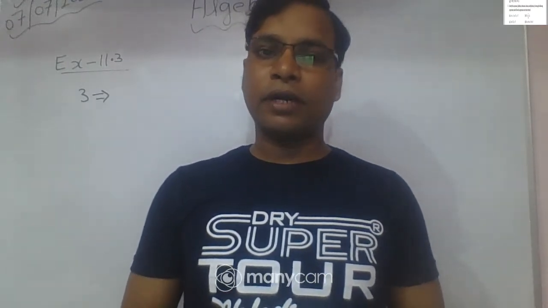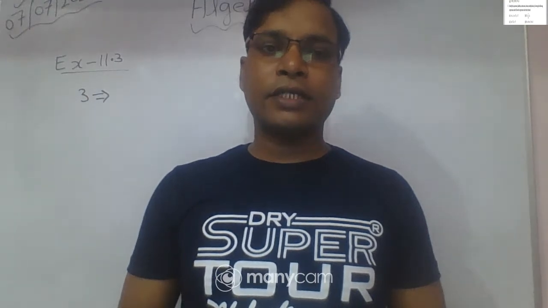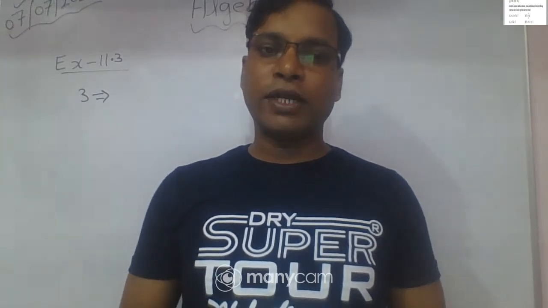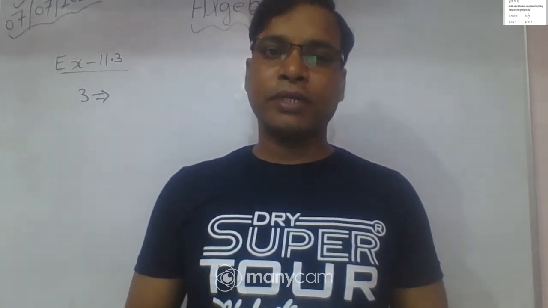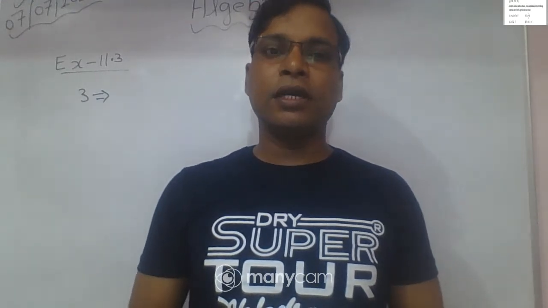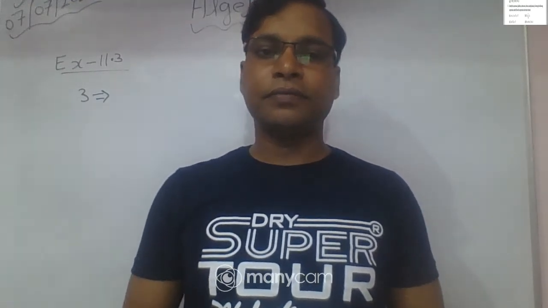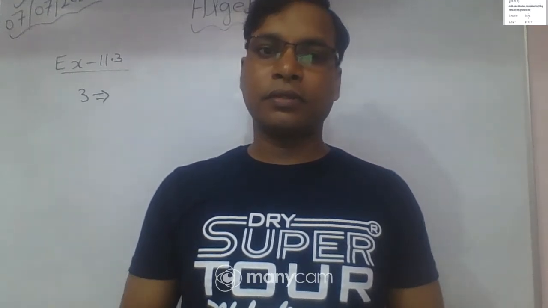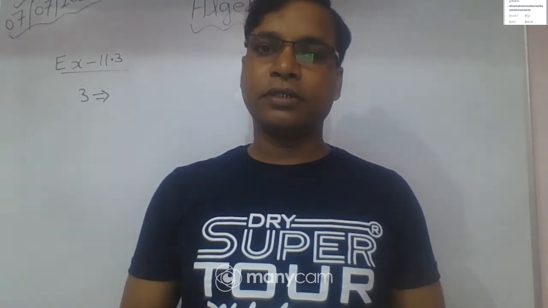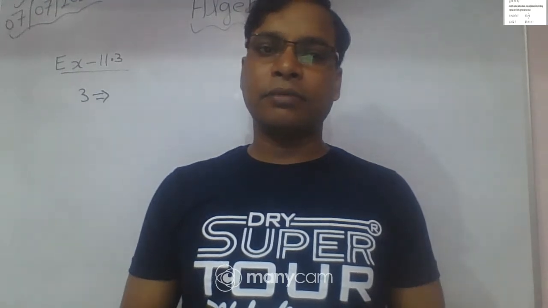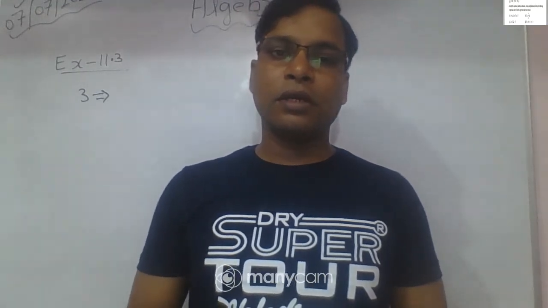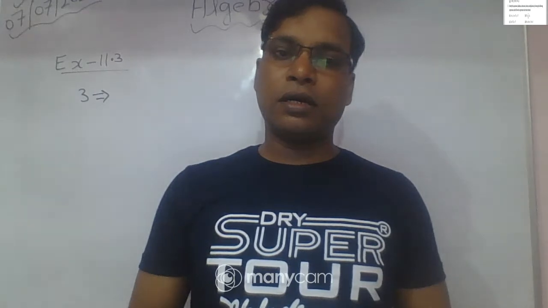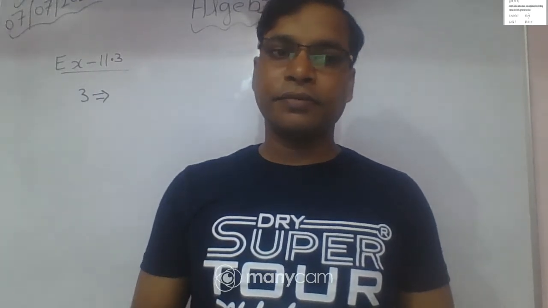Today we are going to discuss chapter 11 algebra exercise 11.3, question number 3. In these questions we study arithmetic operations and the connection between variable and constant.